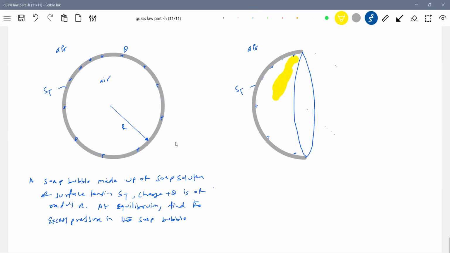This will be the soap solution. It's not an arc, it's like a hemispherical shell. So the charge is present here, not only here, it will be everywhere, no? What are the various forces that are acting?